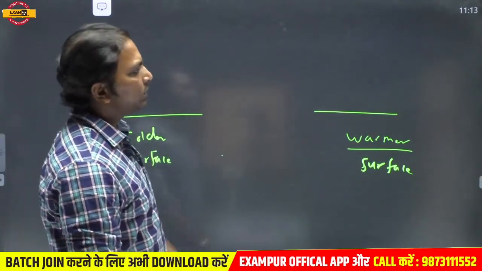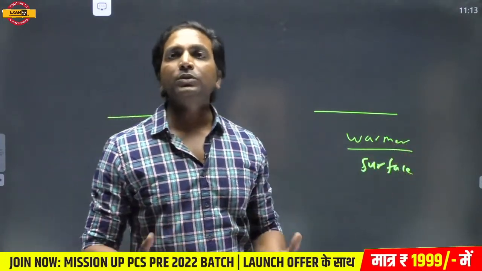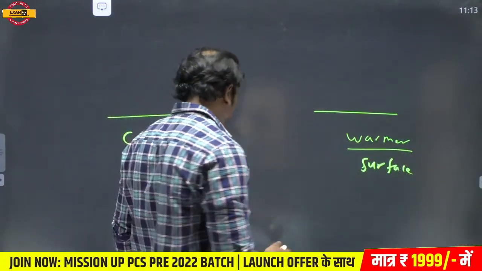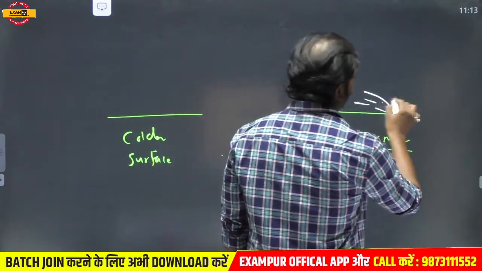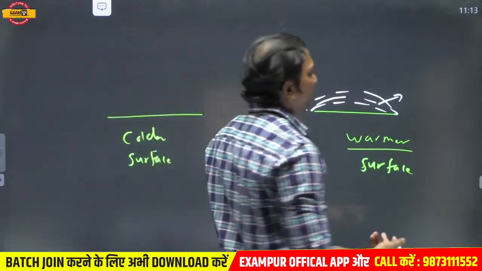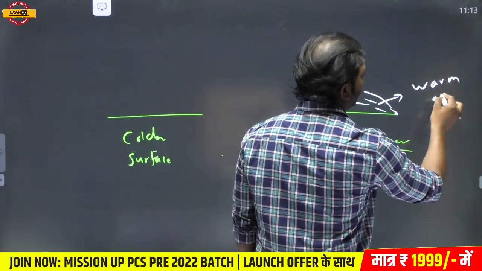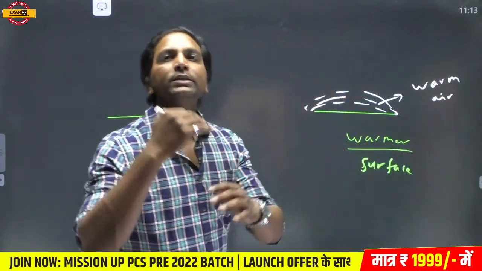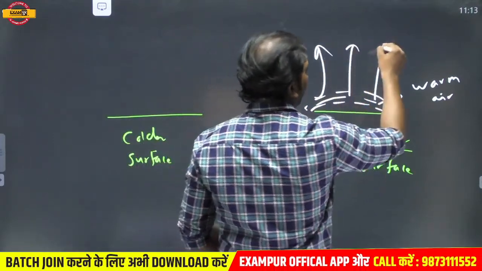So just because of the maximum heat received by this place, this becomes the heated surface, and because of the conduction process, you can see the air surrounding above the earth's surface is getting heated and the air becomes warm. Now the air becomes warm and it will rise above.